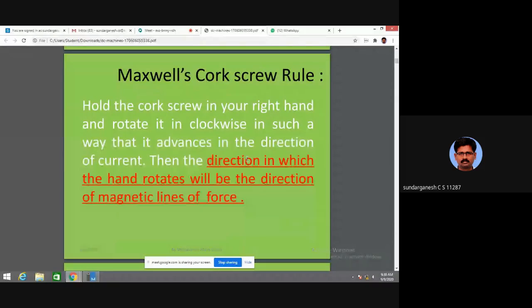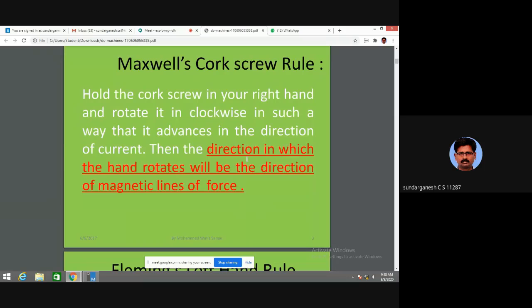This Maxwell corkscrew rule is applied to the generator. The mechanical power applied may be in a clockwise or anti-clockwise direction. Depending on the direction, the current produced will be on one side. If we change the direction, the current produced will be on the other side.